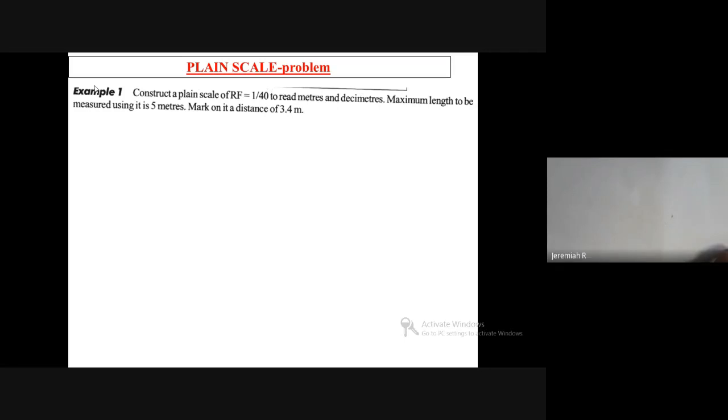I told you, if the maximum length is not given, then based on the mark on a distance, you have to take. If in the problem it is given, mark on a distance of 4.1 meter, what is the next round value? 5 meter. You have to take 5 meter. So the mark on a distance is given: mark on a distance of 3.4 meter.